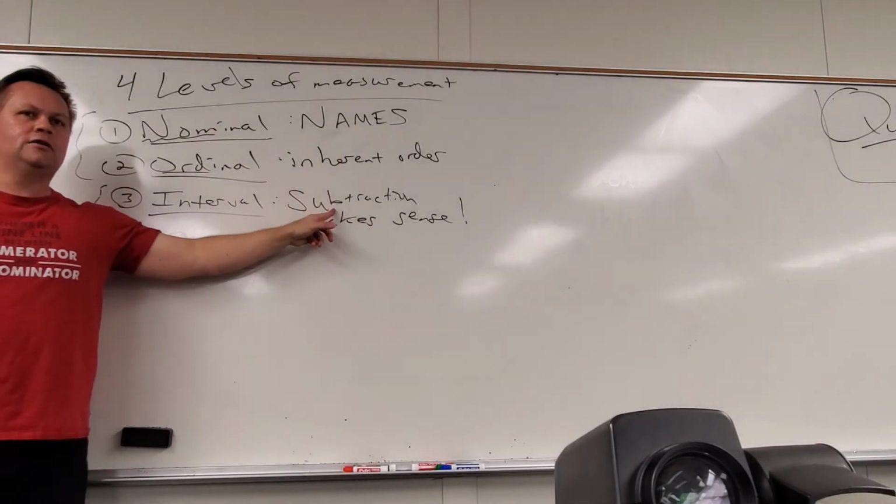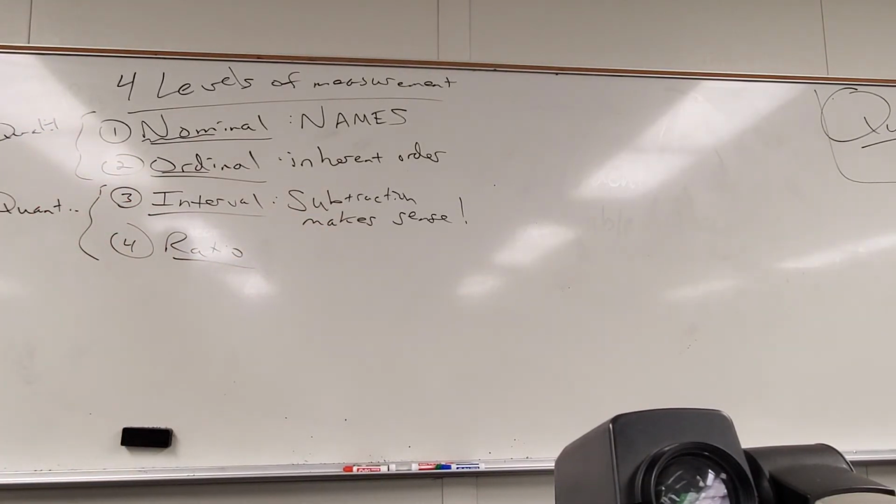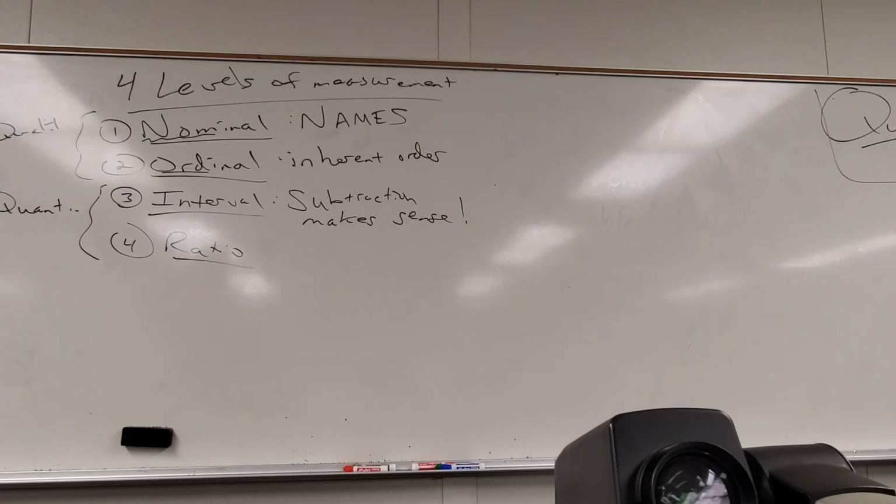So subtraction, not only can you do it, it has to make sense. So for example, what year were you born? 2001. 2001. Sorry. I was born 1972. So if you subtracted 2001 minus 1972, do you get a number? Yes. Does the number mean something?